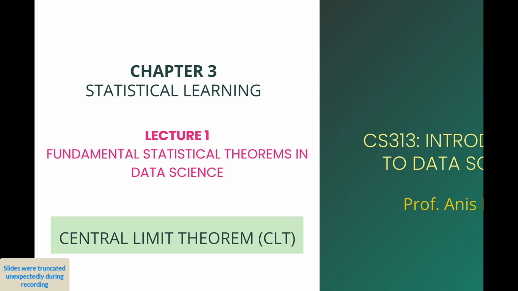And this represents a good estimator, so we can say that the sample mean represents a good estimator of the population mean. Today we're going to have another stronger theorem, which is amazing.